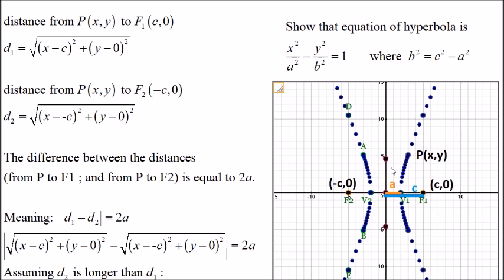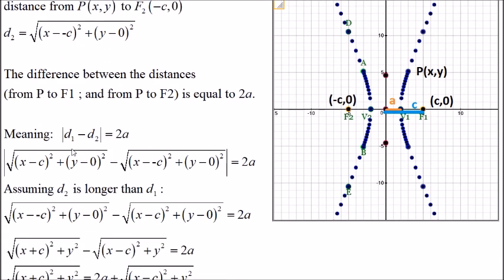The distance from P to F2 will be the square root of (x minus negative c) squared plus (y minus 0) squared. And record that the difference between the two distances must equal 2a. For this particular point, we can see that distance 2 is greater than distance 1.